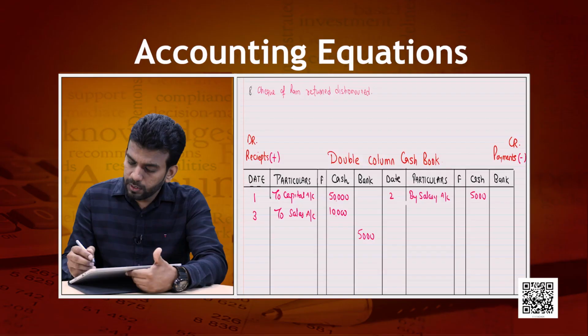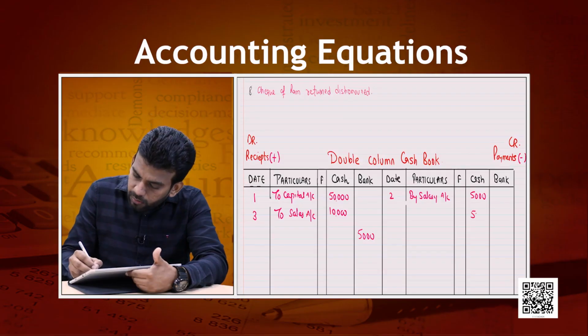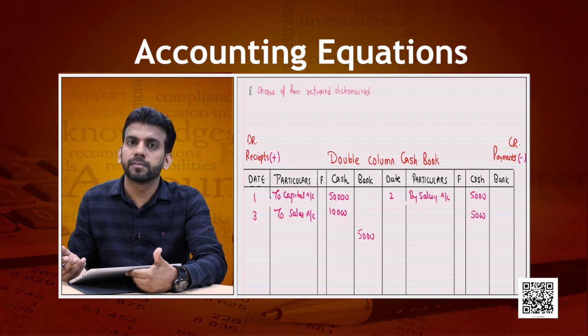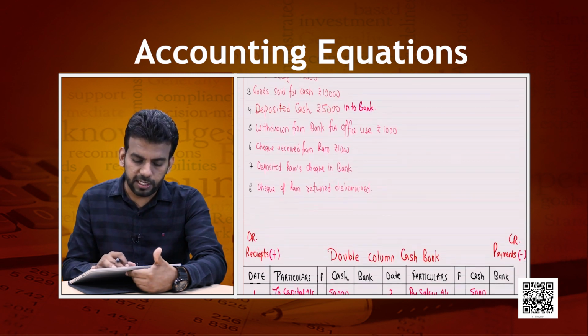Isn't it simple? Now, who paid it? Cash made the payment, isn't it? Then, I'll record it on the payment side of cash. Simple, isn't it?